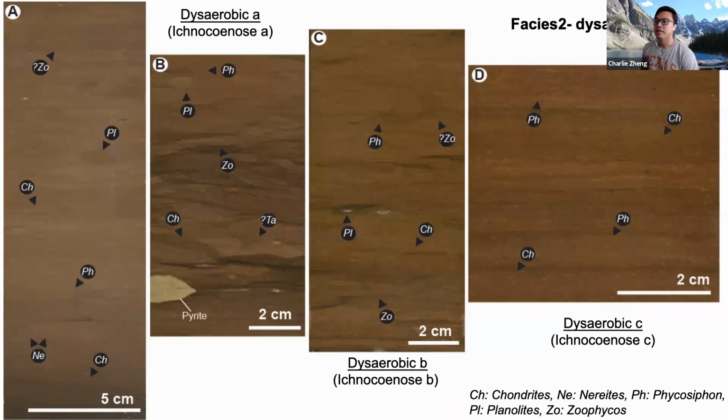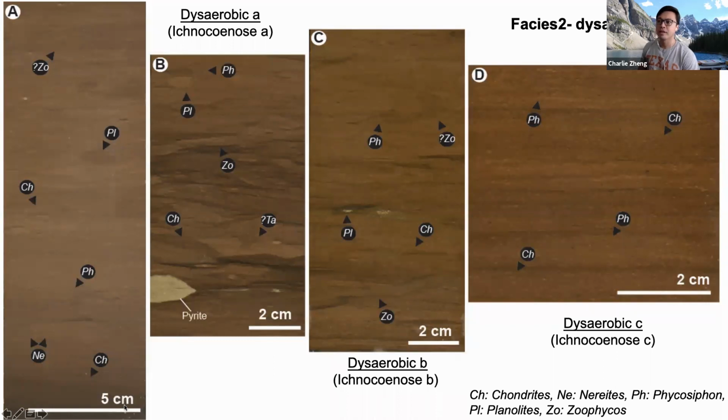And second, the dysaerobic phase. This can be subdivided into different levels of oxygen concentration, from A to C, decreasing in oxygen content sequentially. Of course, this is based on trace fossil assemblage. I call these assemblages A, B, and C. I will dig into that a bit later.